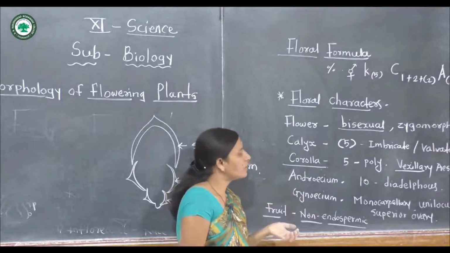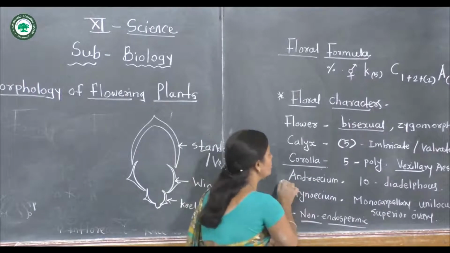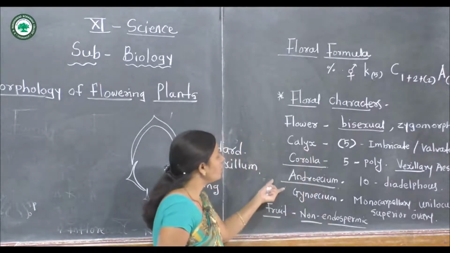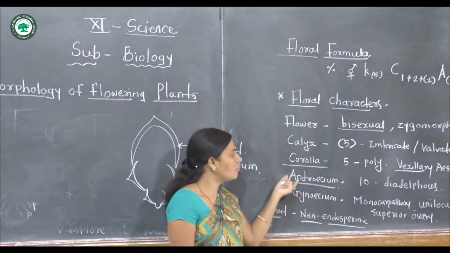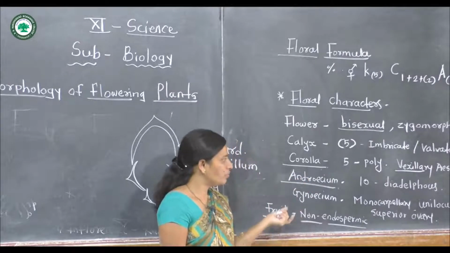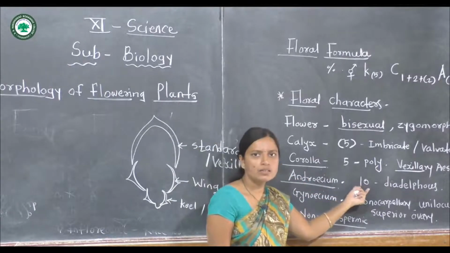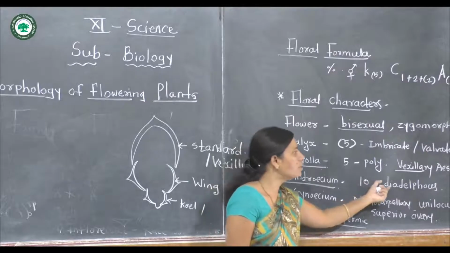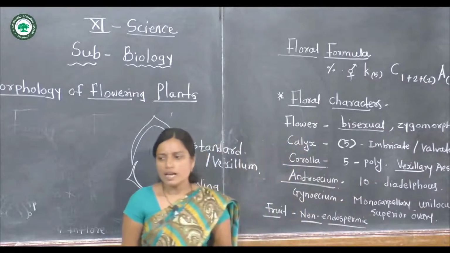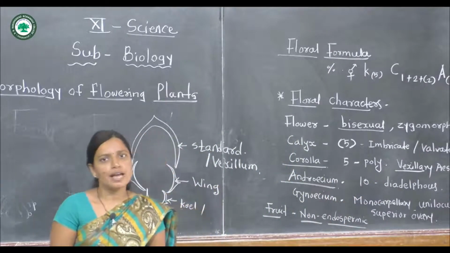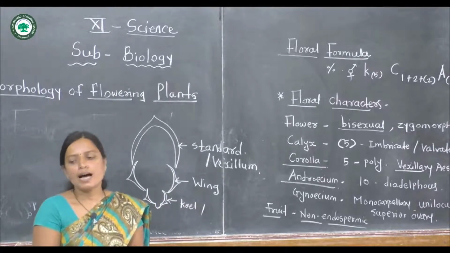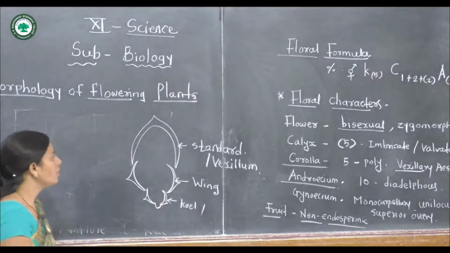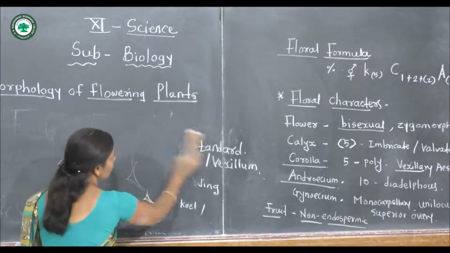Now the next character, androecium. It is the most important part of the flower, the male reproductive whorl of the flower. The number of stamens in the androecium is 10, and it is diadelphous. Di means these stamens are divided into 2 parts, and it is a diadelphous condition in the pea flower.